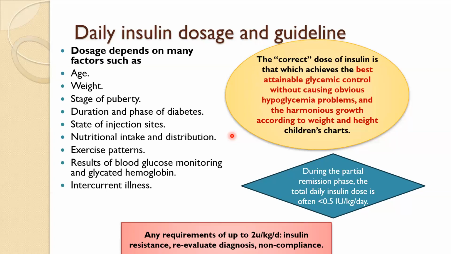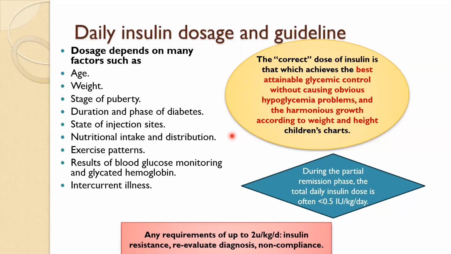Then state of injection sites, if you have swelling or lipohypertrophy, you'll find that there's erratic absorption of insulin, so the patient may require more. Then nutritional intake and distribution. There has to be a balance between carbohydrates and insulin. In our setup, there are some children who come from food insecure places, so they may just have 1 or 2 meals a day.